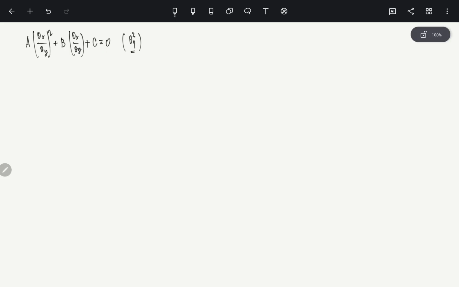So along the curve theta equals constant, what happens?